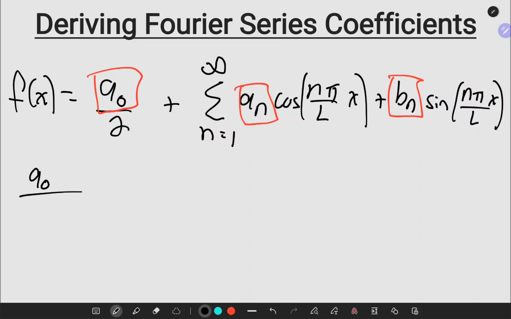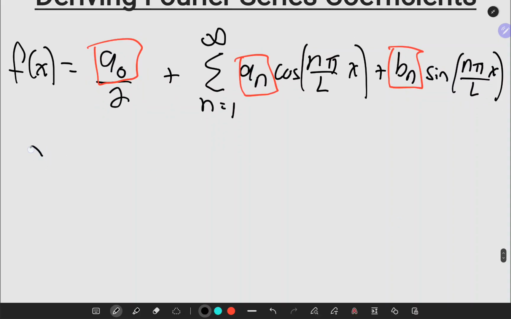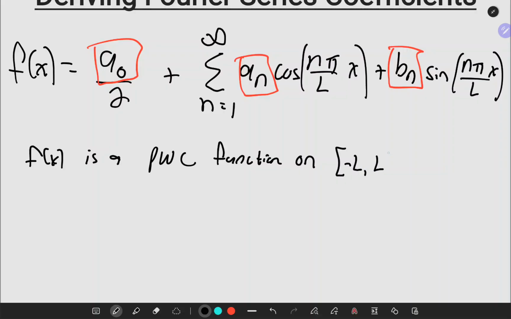To solve for a sub naught, we're going to basically just integrate both sides of this equation. Now, before we begin, let's say that f of x is a piecewise continuous function on negative L to L. L can be anything, and then the period would be 2L.